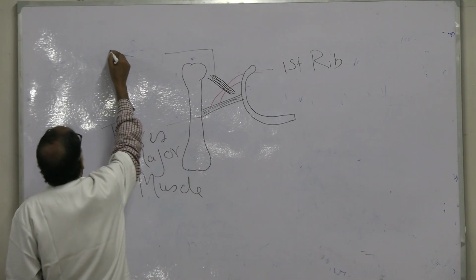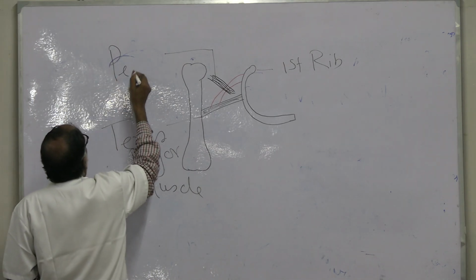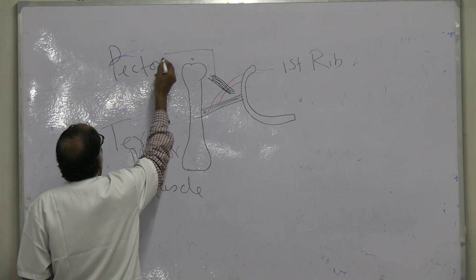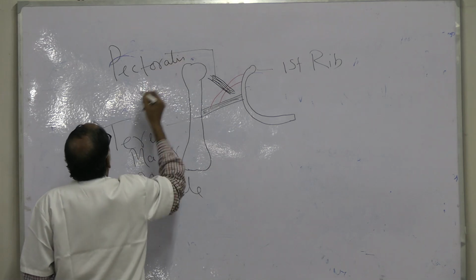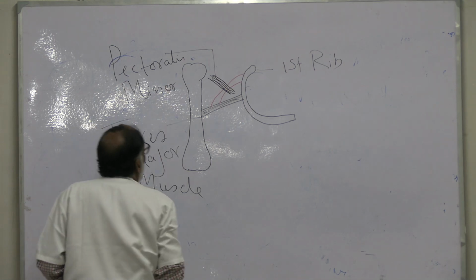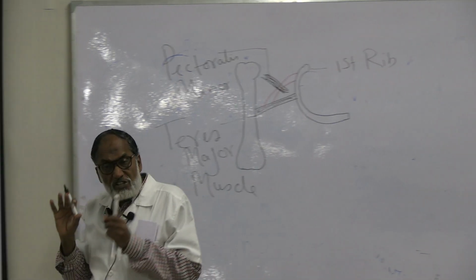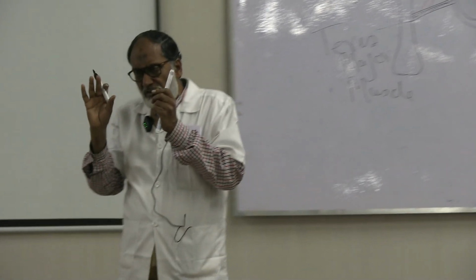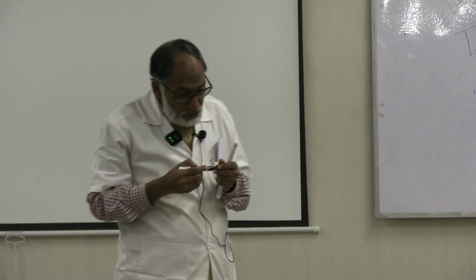It is the pectoralis minor. Actually, this diagram is a schematic diagram. It is not an actual diagram, it is a schematic diagram for your understanding.